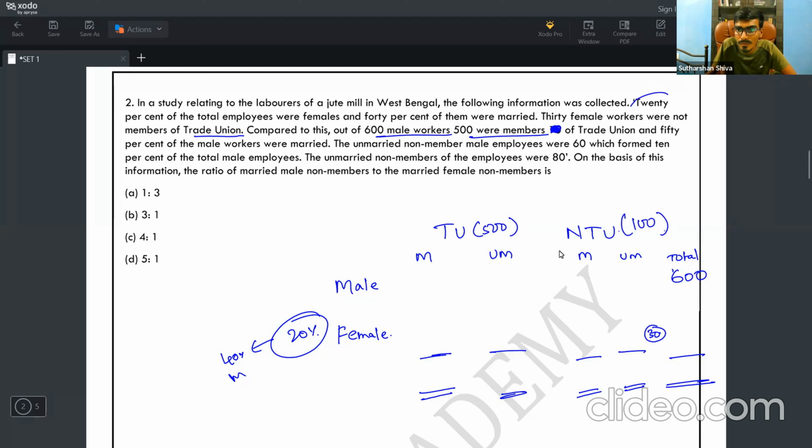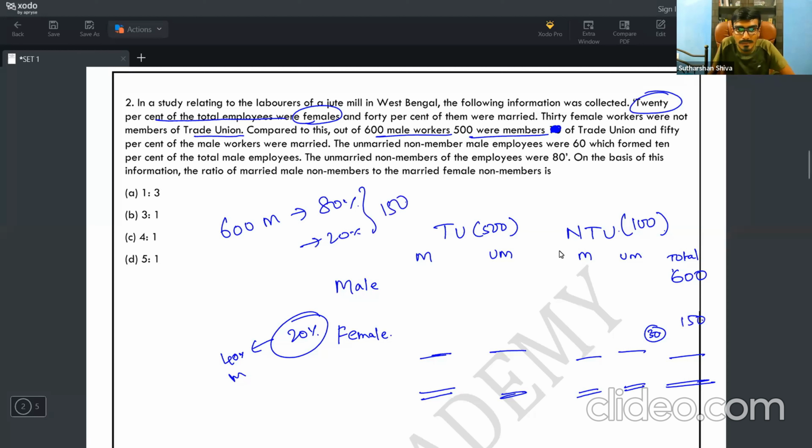I also have one more piece of information: 20% of the total employees were females. Out of it, the 600 males are 80%, and the remaining 20% is female. So I will cross multiply: 600 into 20 divided by 80, I will get 150. Okay, 150 is the total number of female employees.